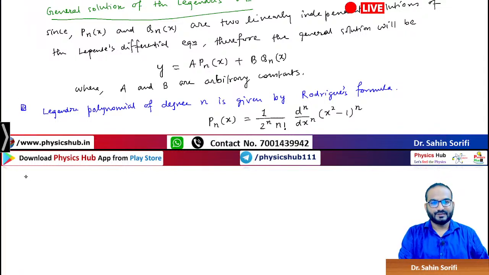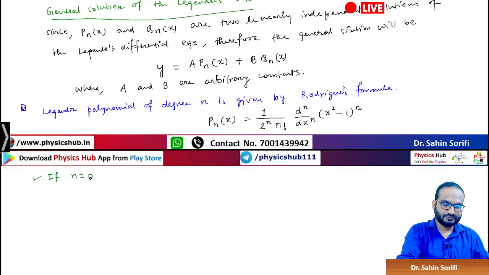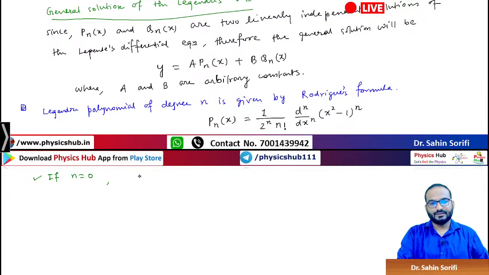Firstly, if n equals to 0, then what do you get? P0 of x equals 1 by 2 to the power 0, 0 factorial, and this is 1, so P0 of x equals 1.